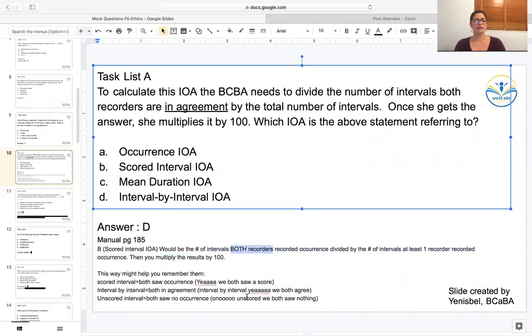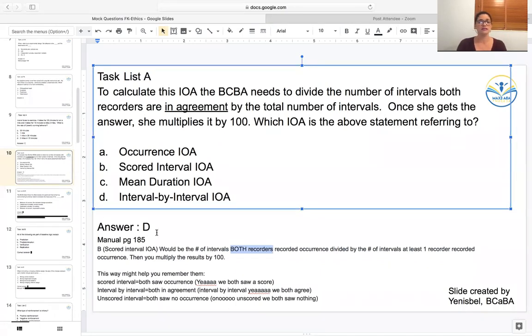When I was explaining it to somebody, I thought a good way to remember is scored intervals are both saw the occurrence. So yippee, they both saw it. Interval by interval, both are in agreement. So they both agree. And on unscored interval, they both saw no occurrence. So it's unscored.